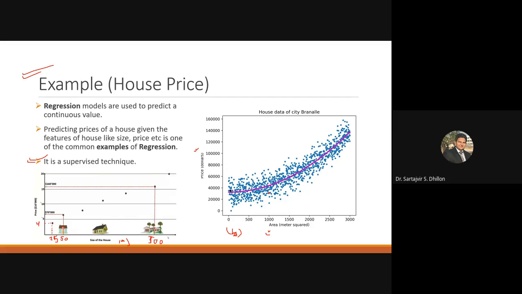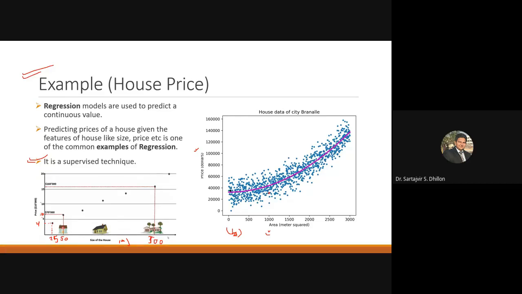So for a 25-yard house size, the price is $40,000. For 50 yards, the cost is around $70,000, and this 7 is a multiple of $10,000.